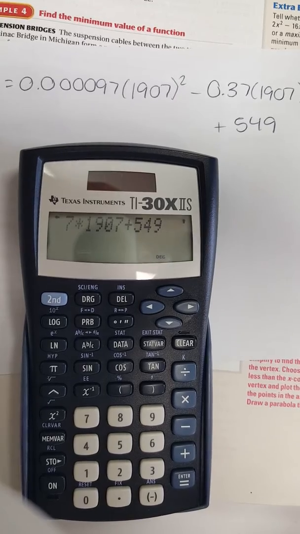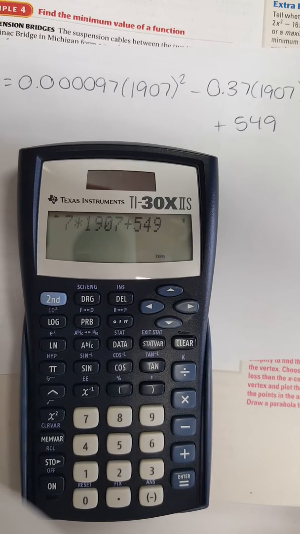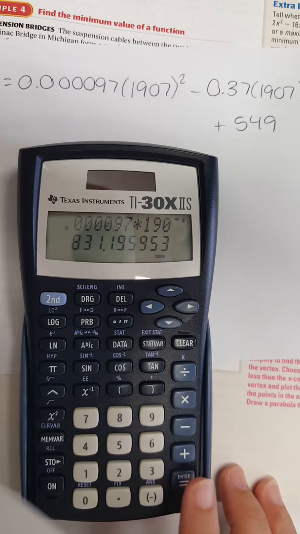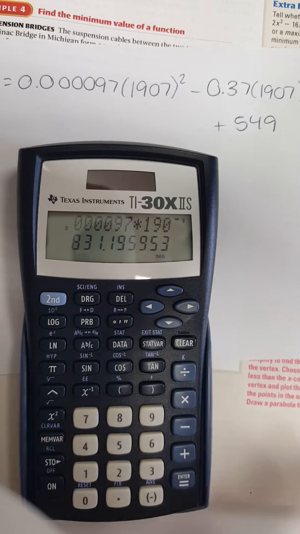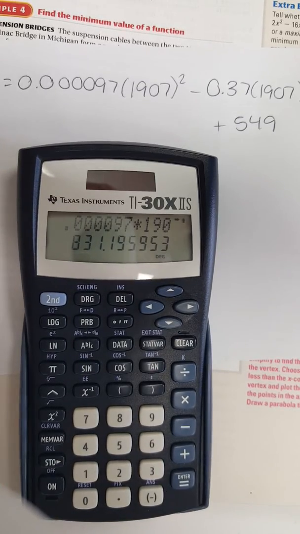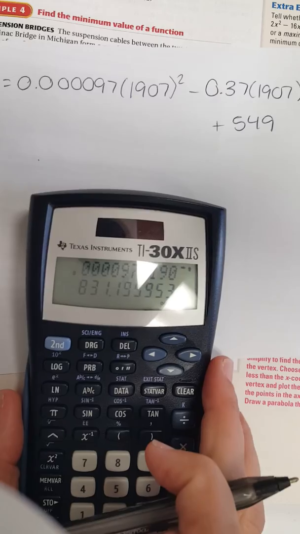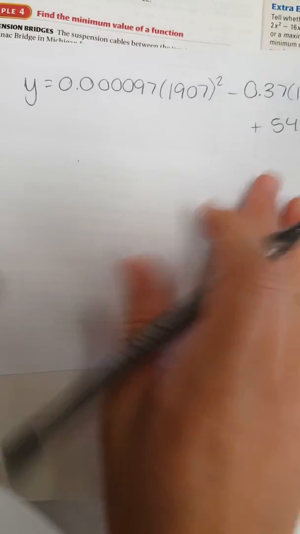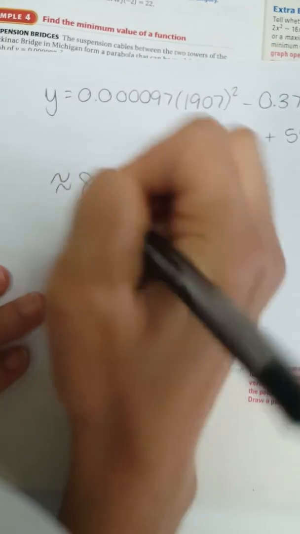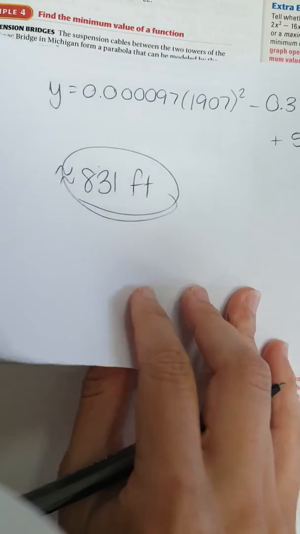Okay, so get that in your calculator. And did you get approximately 831 feet?